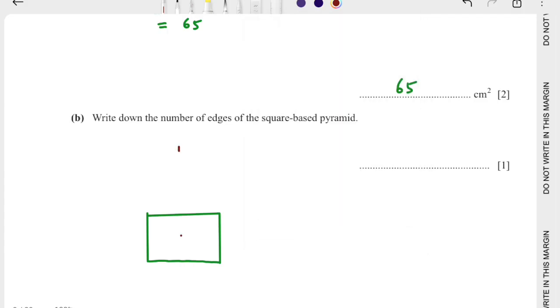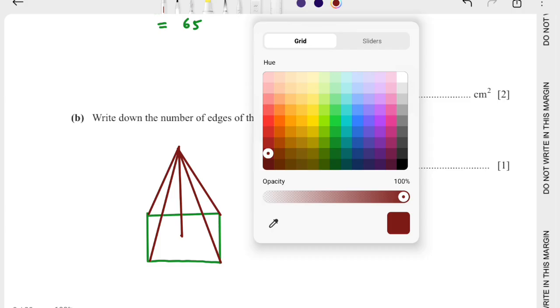This is the perpendicular height, and these are the sloping sides of the pyramid. There are four sloping sides. Now we have to see edges.